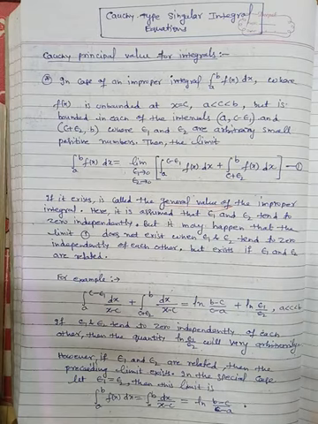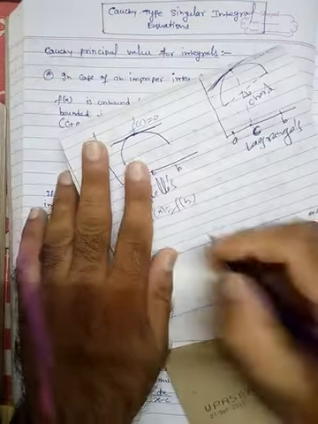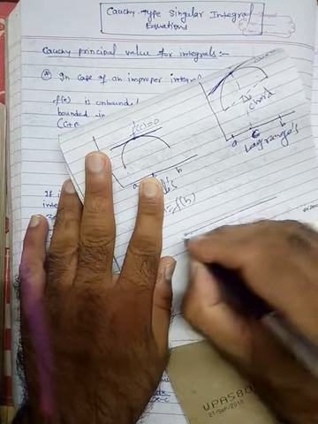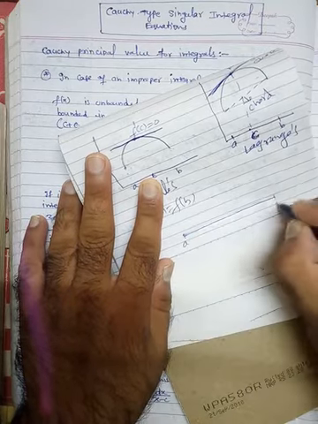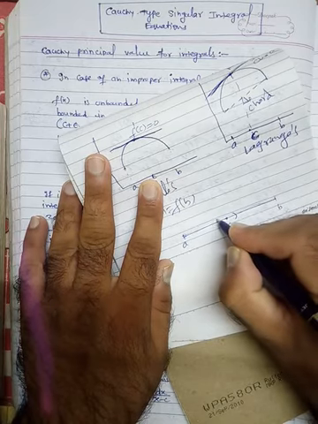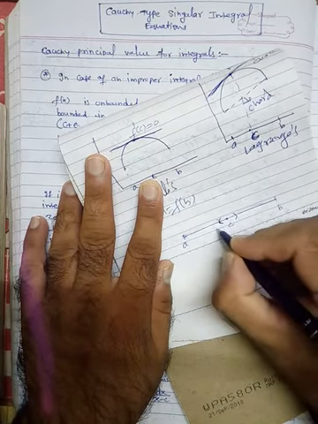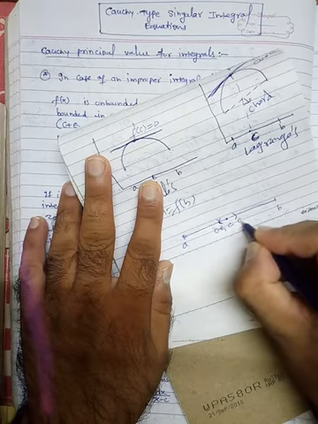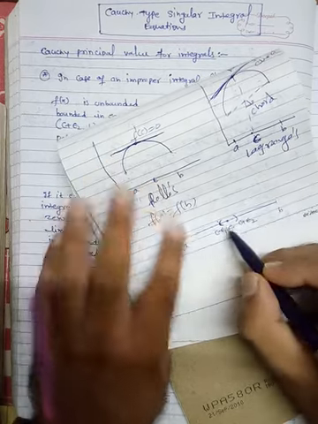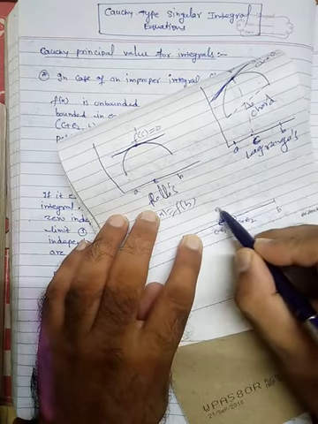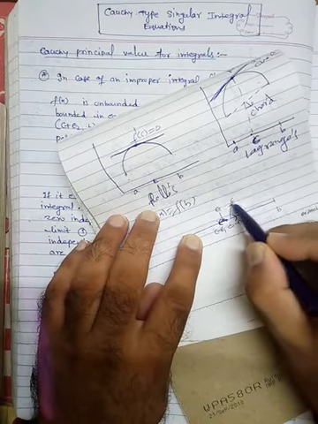Basically, we have this interval a to b, and here is somewhere c. We are taking the interval around this: this is c minus epsilon 1, and this is c plus epsilon 2. That means this part is epsilon 1 and this is epsilon 2.